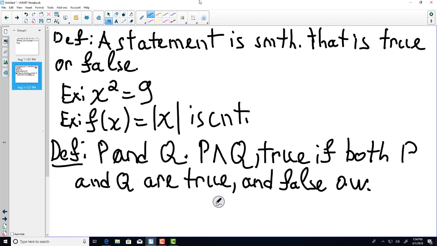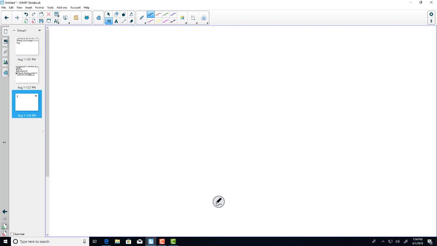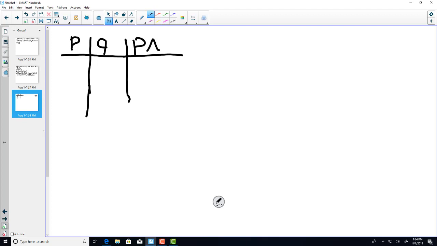The best way to understand the definition of conjunction is something called a truth table, and you will appreciate this truth table when we do actual proofs. So suppose we have two statements P and Q. We said that P and Q is true if both of them are true. So the statement P can be true and the statement Q can be true.